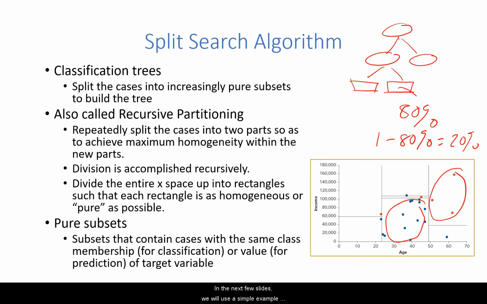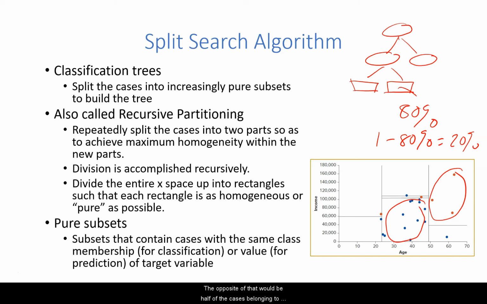In the next few slides, we will use a simple example to illustrate how the cases can be partitioned into pure subsets. But to summarize, in classification, pure subsets are subsets that contain cases that belong to the same class. When 100% of the cases belong to the same class in the subset of data, we say that this subset is completely pure.